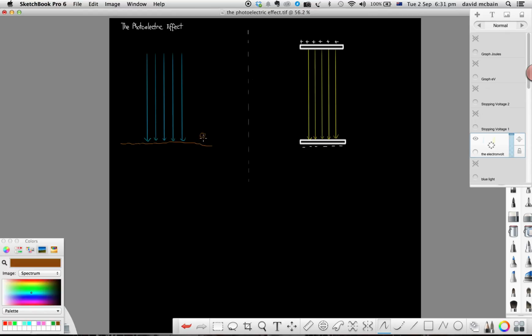And there's someone standing on the ground. Now, we would hopefully remember that g is the symbol for the strength of the gravitational field, and that's normally measured in newtons per kilogram. So that's the gravitational field strength.